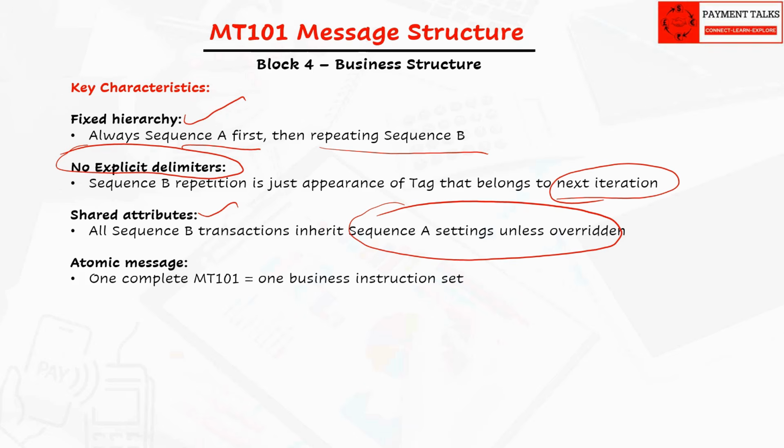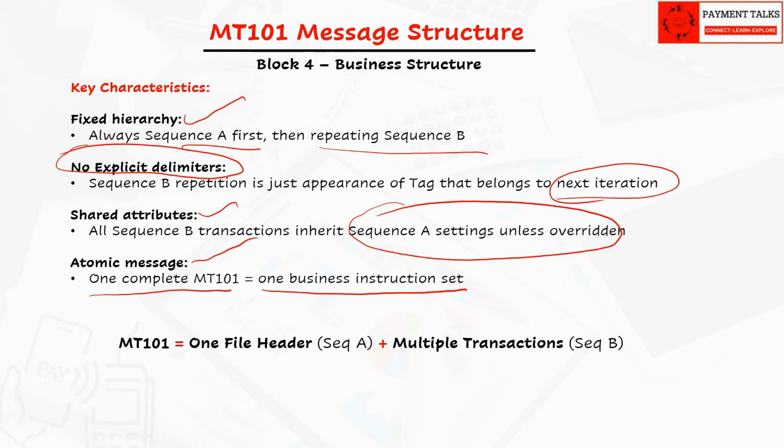An example of override is the debit account of sequence B overriding the debit account of sequence A, with restrictions. Atomic message: one complete MT101 equals one business instruction set. MT101 can simply be represented as one file header, that is sequence A, plus multiple transactions, that is sequence B.